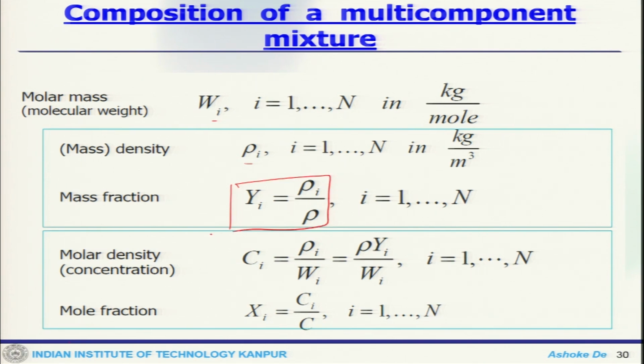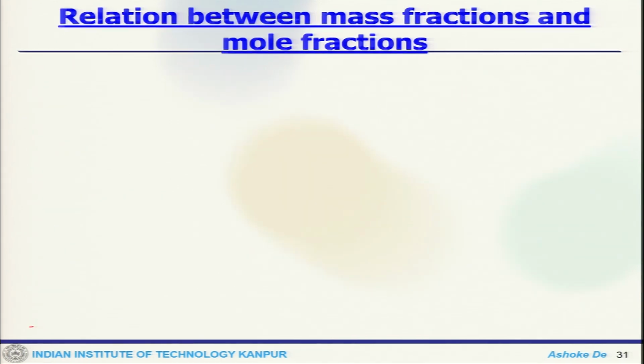The total of the mass fractions should be 1. Similarly, with molar density you have a mole fraction, and the summation of mole fractions should also be 1. Now, you can have the mean molar mass W, which is the summation over i equals 1 to n of Xi Wi, and then 1 by W is the summation of Yj by Wj.